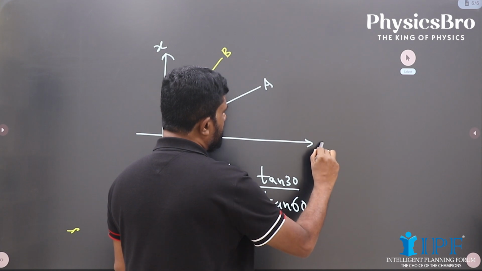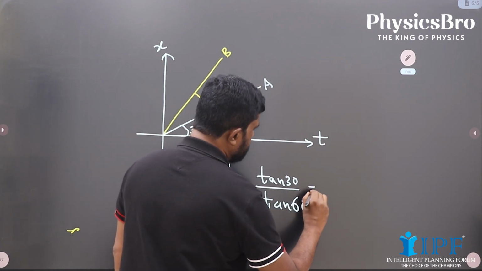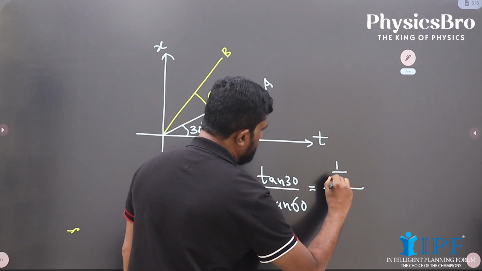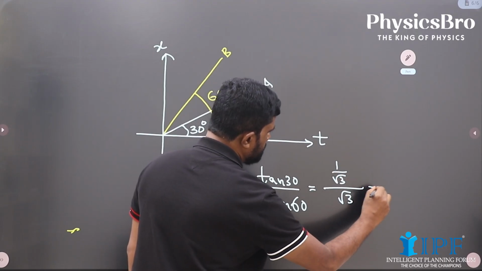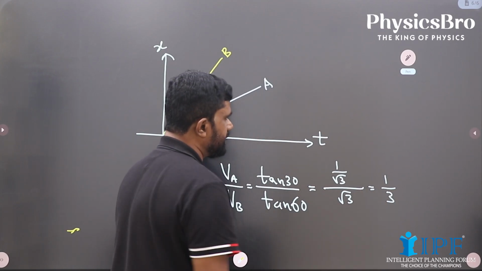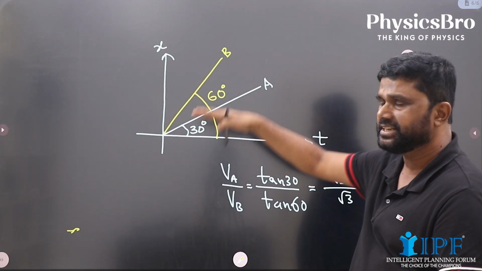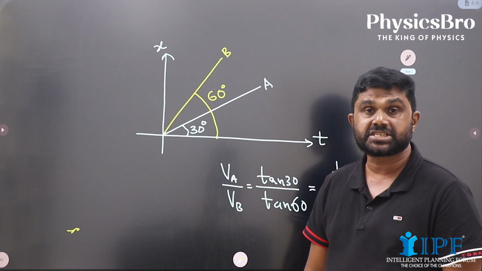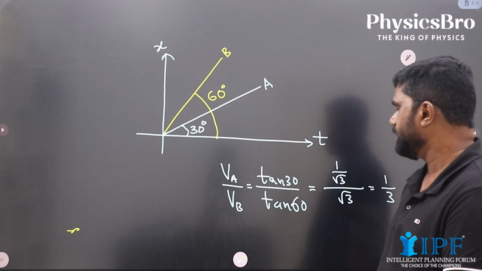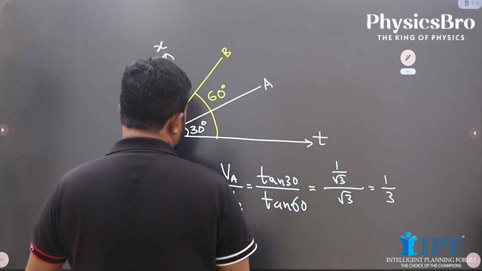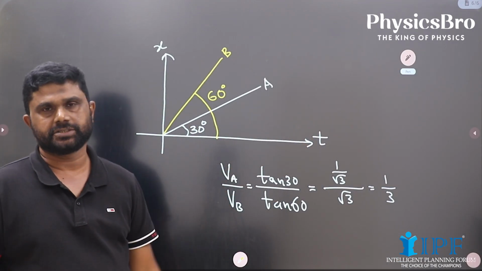Tan 30 is 1 by root 3 and tan 60 is root 3. So the velocity of A divided by the velocity of B will be 1 by 3, if these two lines represent the position time graph of two particles A and B.